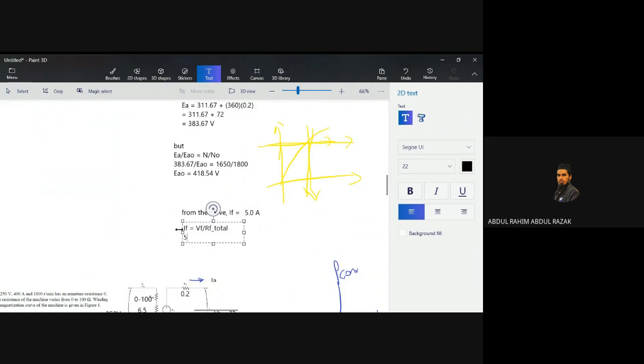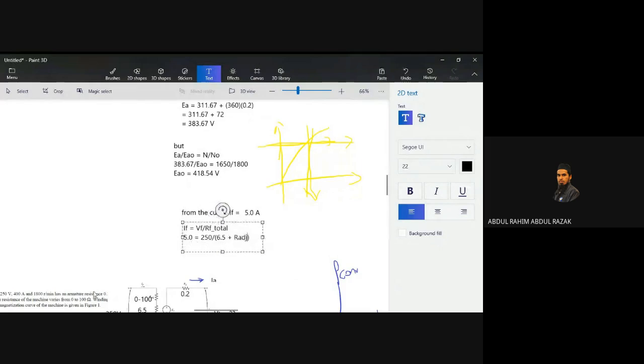So 5.0 is equal to VF, which is maintained at 250 and does not change. Your RF is how much? Your RF is the amount of your initial resistance, which is 6.5, plus your R adjustable.